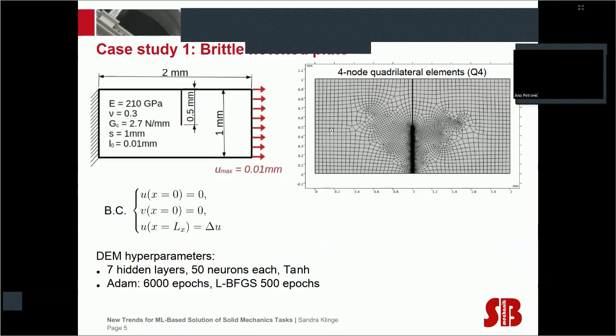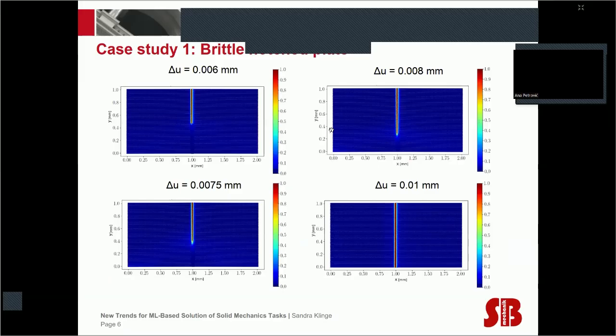For the first example, I chose a standard benchmark problem where we have a notched brittle plate, and we try to see what neural networks can do in this case. So you can see the results which we got. Nothing surprising, actually, what we can expect.